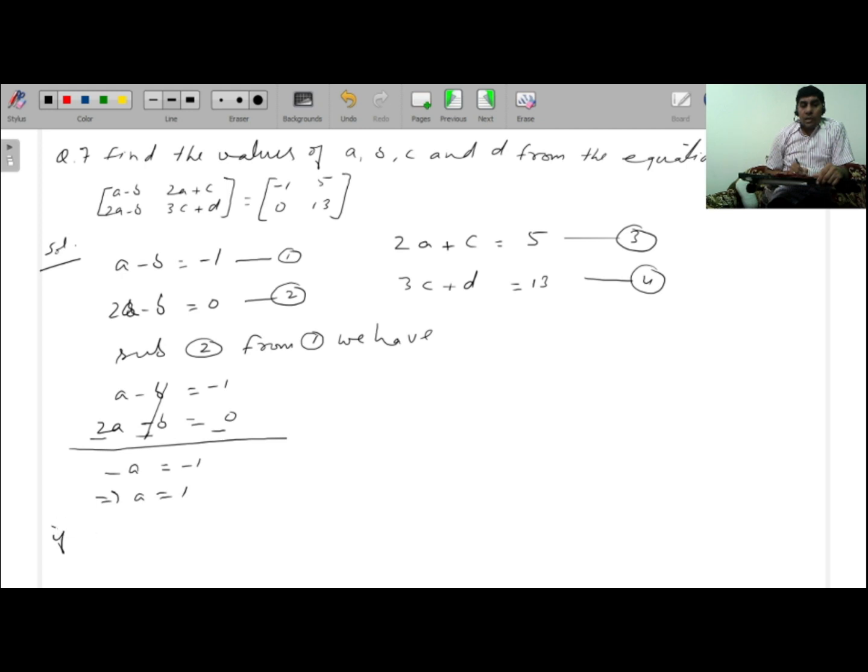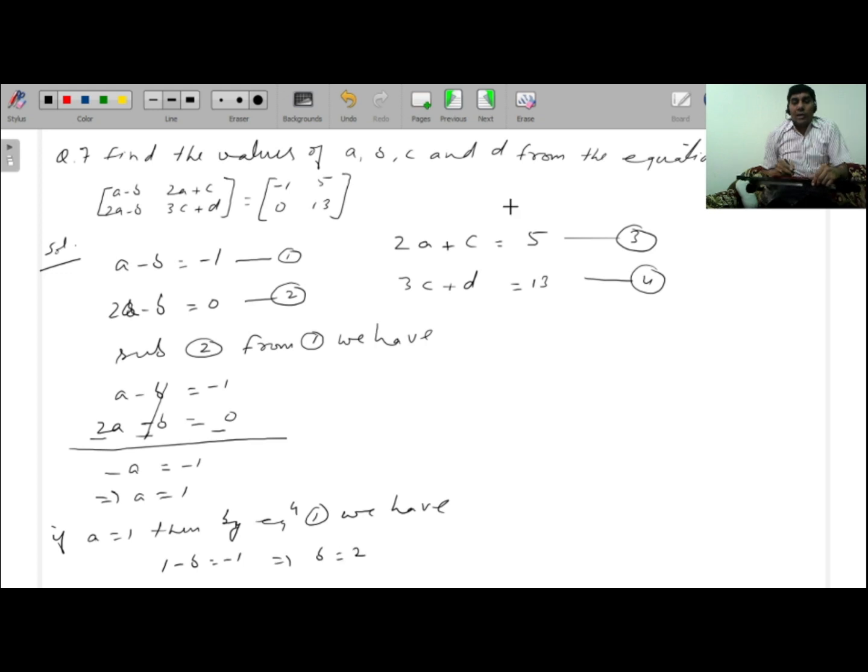If a is equal to 1, then by equation 1 we have 1 minus b is equal to minus 1. This implies b is equal to 2.